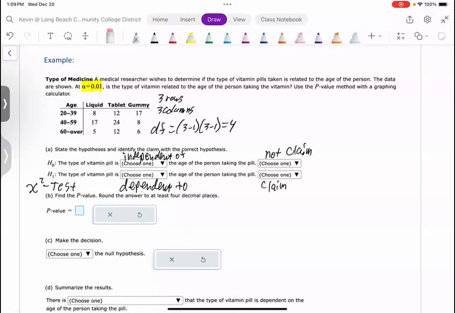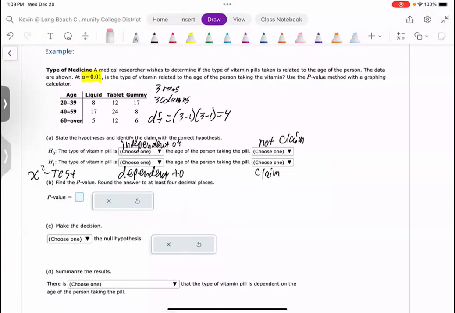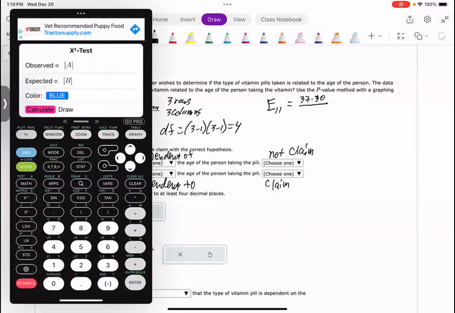So let's do row 1, column 1. So that's going to be 20, 37. So this is the expected value of row 1, column 1. So 8 plus 12 is 20. 20 plus 17 is 37. The column total, that is, let's see, that's 13 plus 17, that's 30. Oof, I don't know what the grand total is. Let's do that real quick.